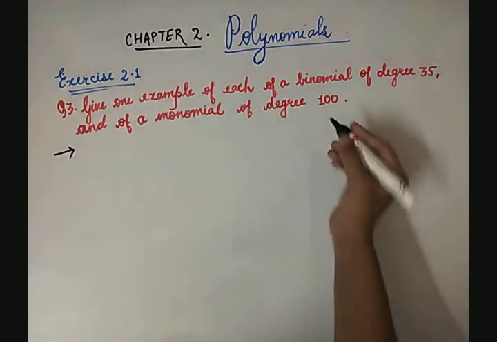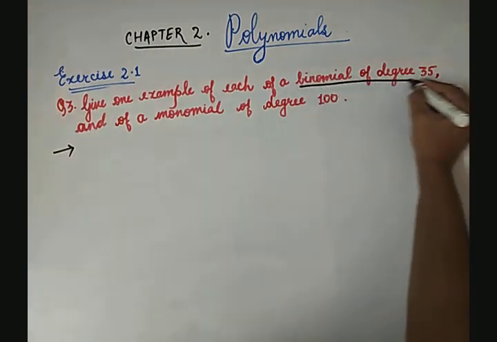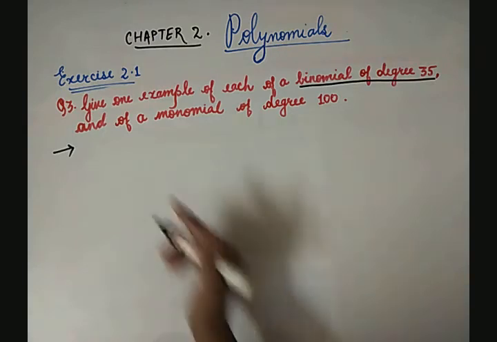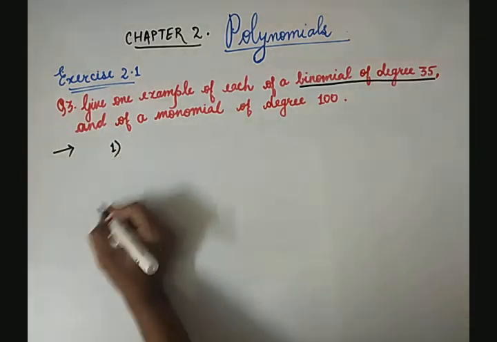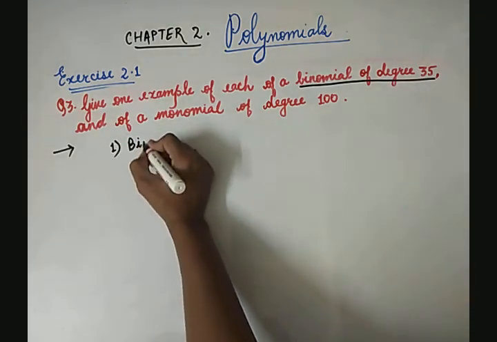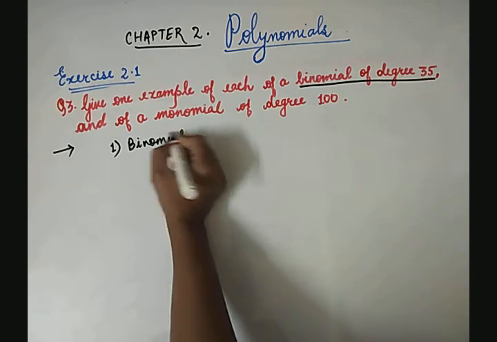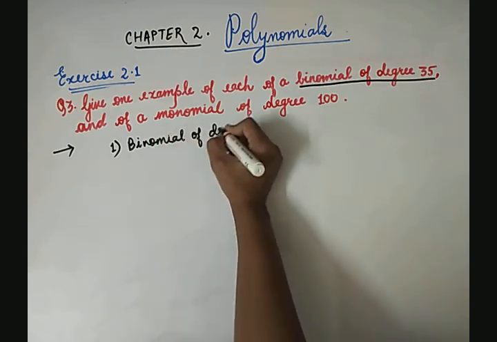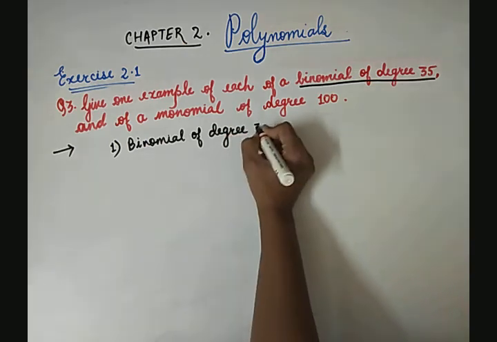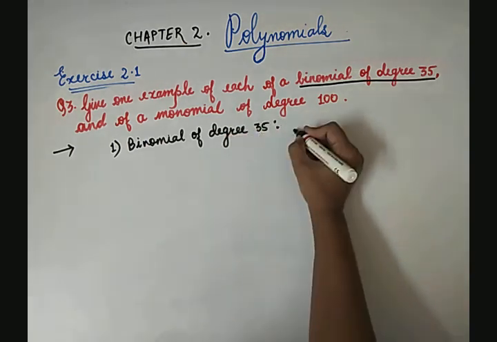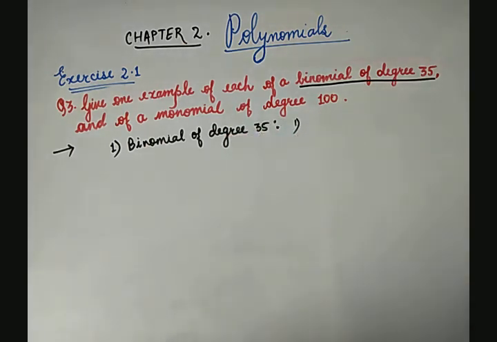So let us first do it for a binomial of degree 35. We can write a few examples. How many terms should there be? 2.